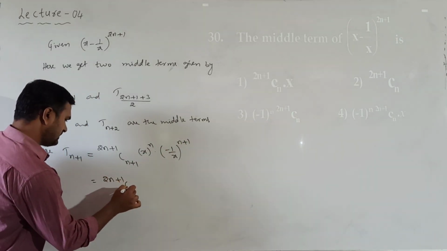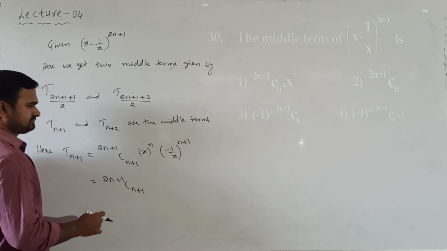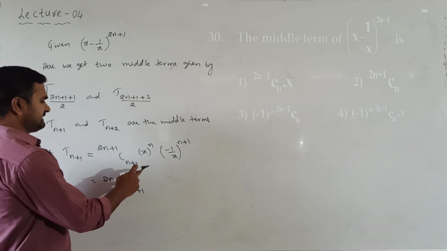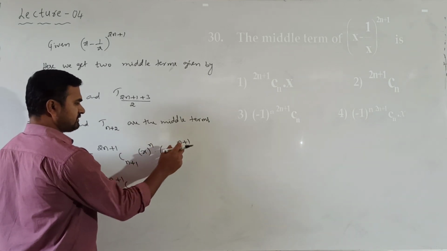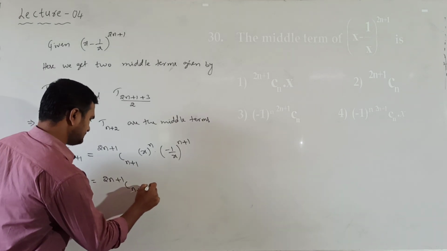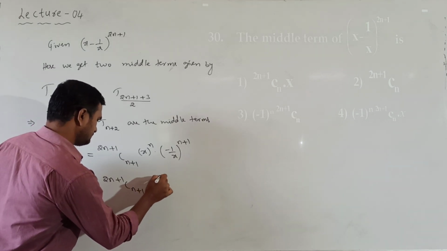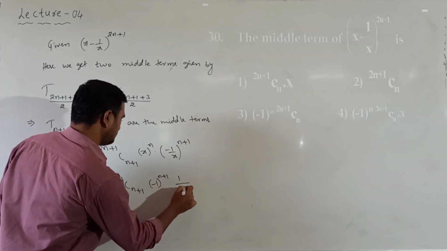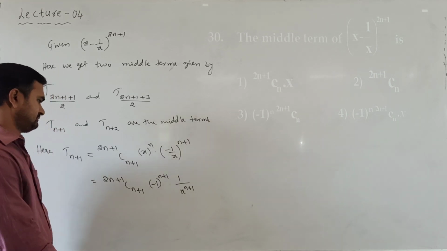So it is 2n plus 1 c n plus 1, x power n, and minus 1 power n plus 1 into 1 by x power n plus 1.